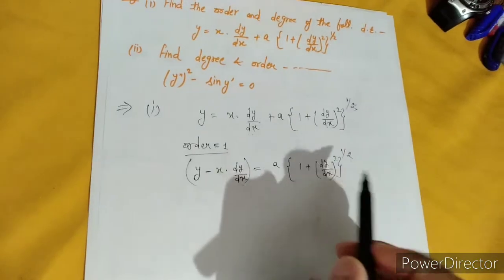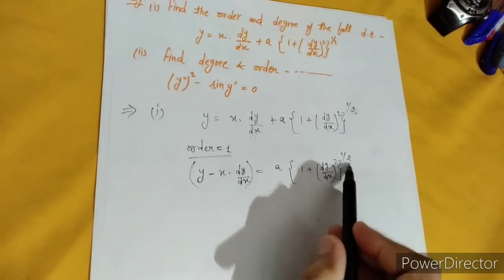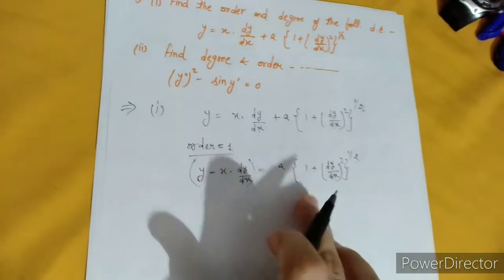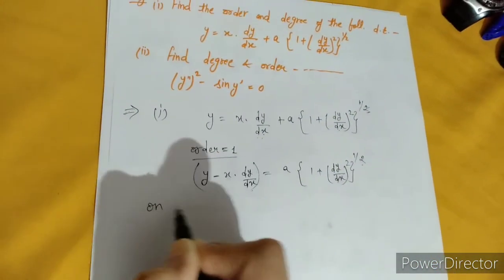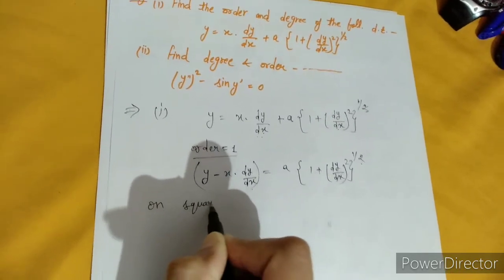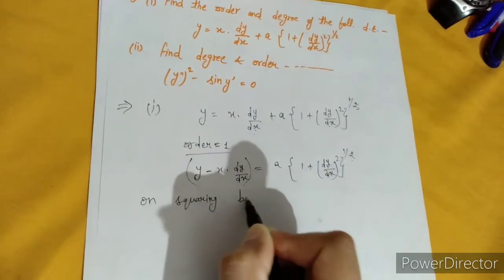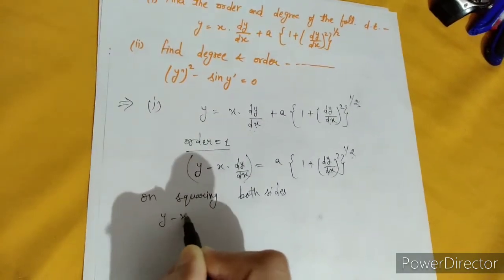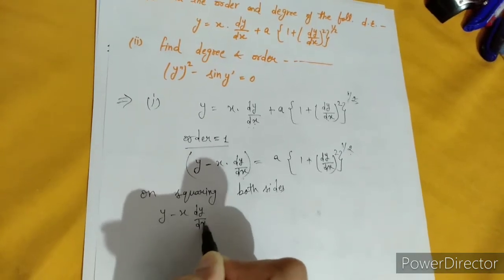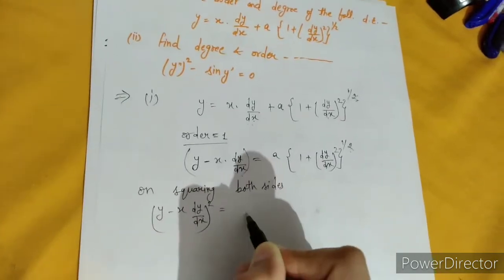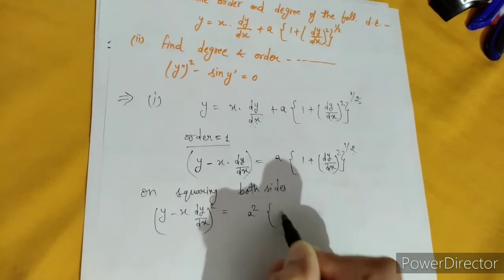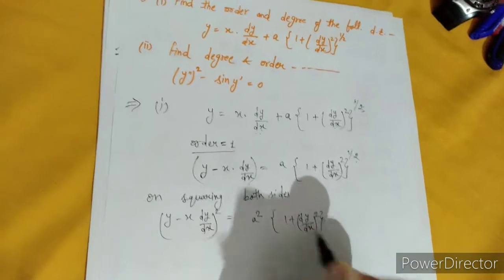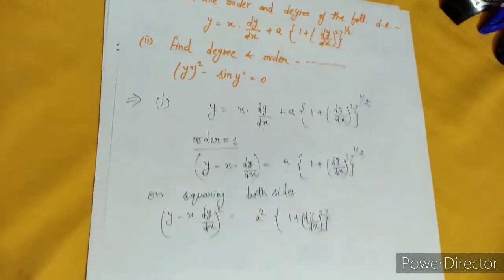So now I can solve this fractional part. On squaring both sides, I can cancel out the fractional part. So, on squaring both sides, (y - x dy/dx)² = a²(1 + (dy/dx)²). The square and the square cancel out.